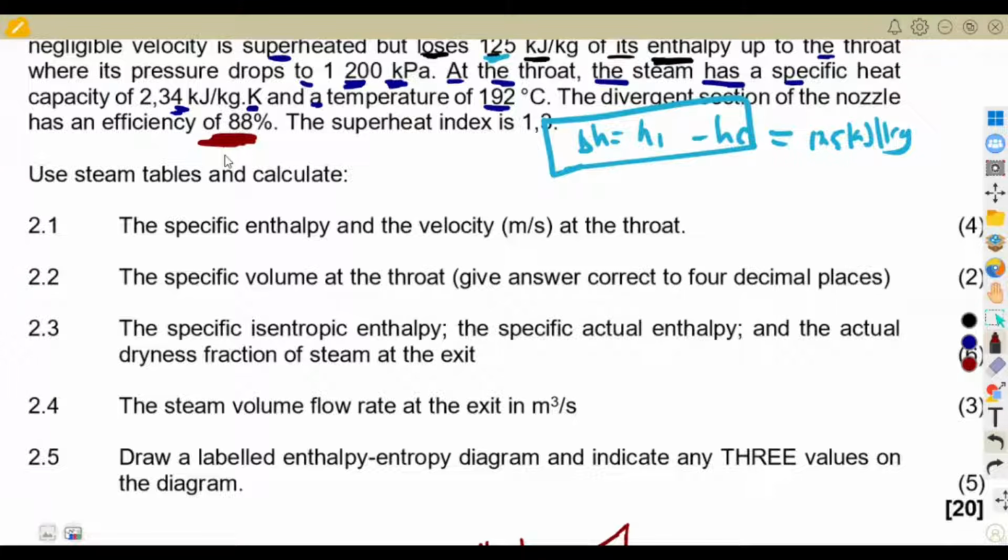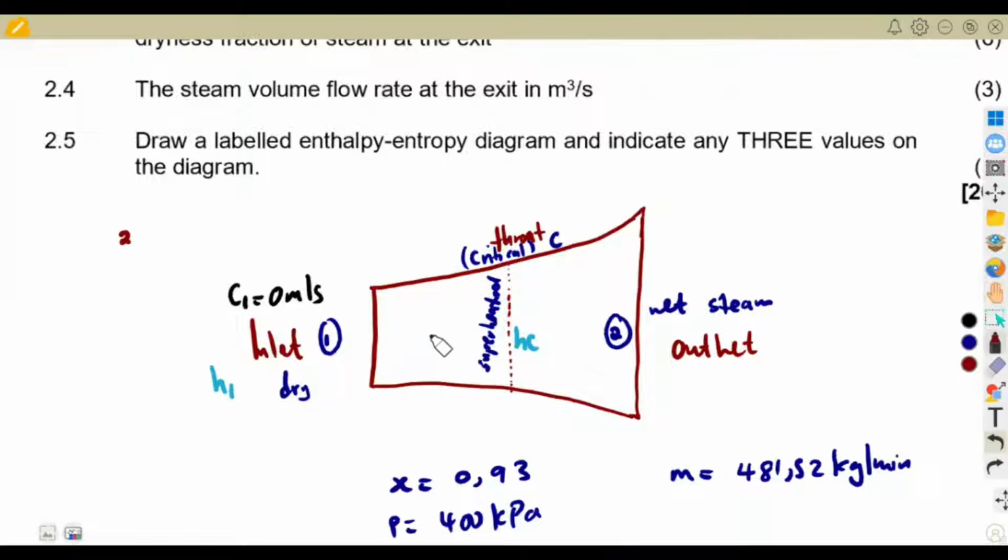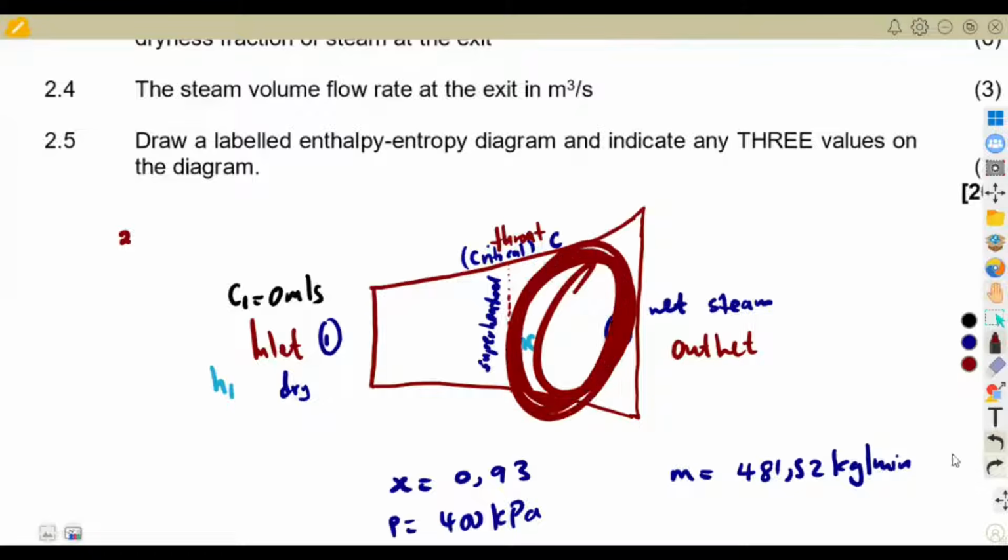That is the question. We are given the efficiency, which is fine, but which part are we talking about? Because this is a convergent-divergent nozzle, meaning the first part is the convergent, then the divergent part here. So the efficiency is affecting the divergent part.